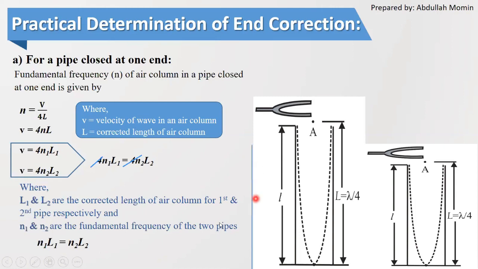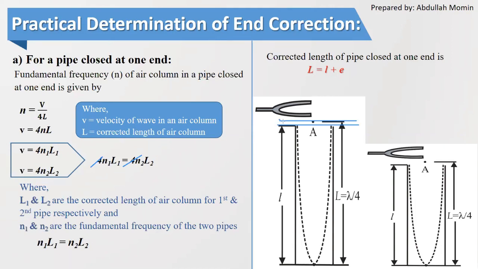Now this L1 is the corrected length of a pipe which is closed at one end, and the formula of corrected length is small l plus E. What is small l? Small l is the length of the pipe and E is the end correction.